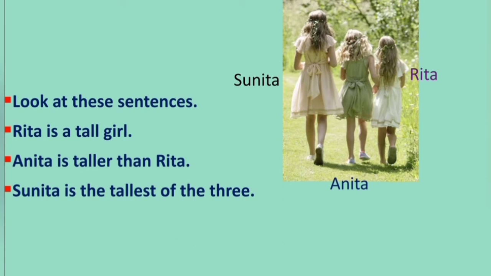The words tall, taller, and tallest tell us about the size of these girls. They are not of the same size. They are different. So here the words tall, taller, and tallest are the adjectives which tell us the quality of the size.